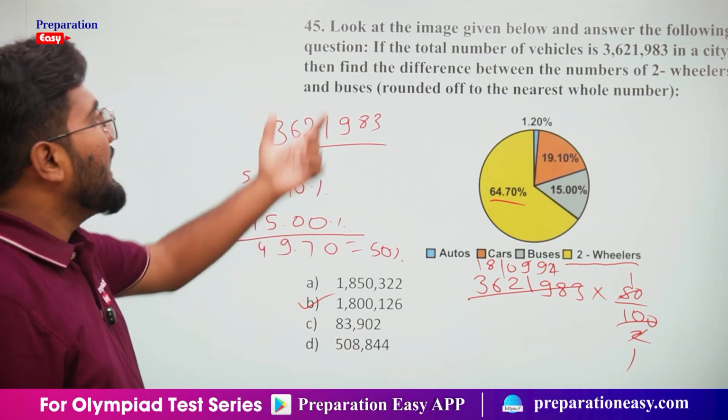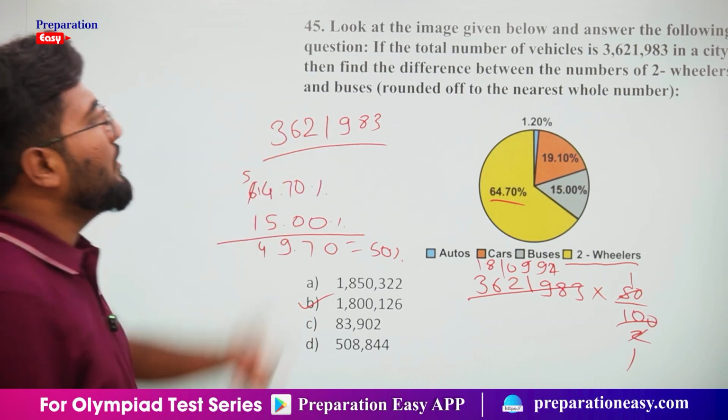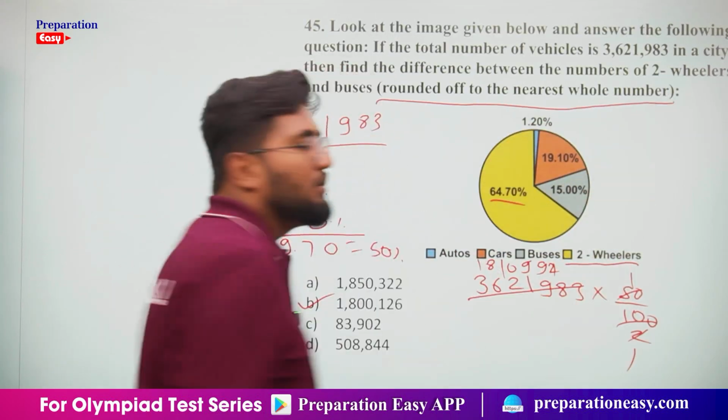That could be our answer, because we have to round off to the nearest whole number.